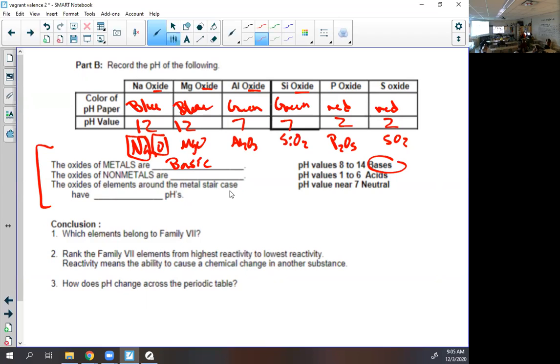Then the oxides of nonmetals, they are the low numbers, so they are acidic. Anything under a 7 is an acid. Then the oxides of elements around the metal staircase have neutral pHs.